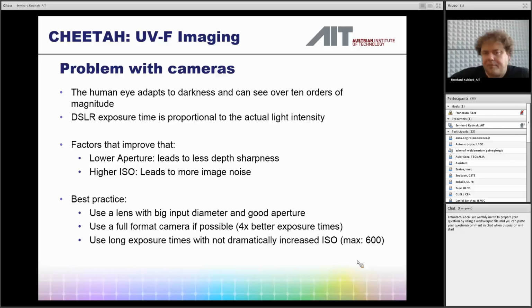So it means tripod, it means ideally remote shutter. A full format camera is 4 times better than a smaller format camera because of just the bigger image pixel size. So 1 pixel gets more light and can create less noise. And if you want to decrease the exposure time, you can also play around with the ISO settings, but again, you will get higher noise.